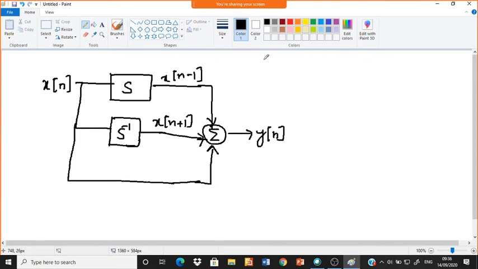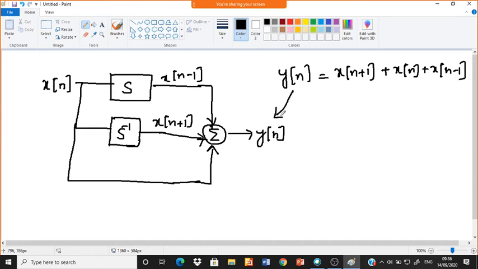So this is how you will realize the output signal y of n, which we defined earlier as x of n plus 1 plus x of n plus x of n minus 1. This is how the output signal is viewed as a system interconnect.